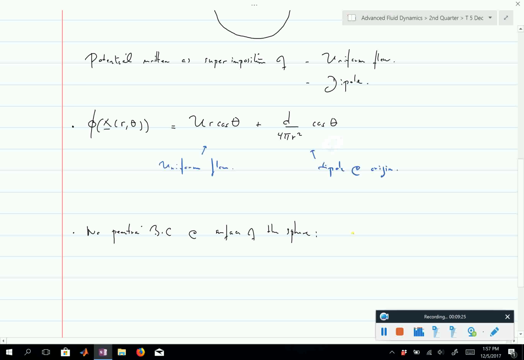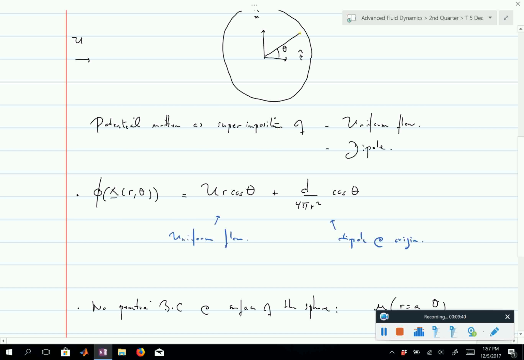That is to say, at the surface of the sphere, I forgot to give a name to the radius of the sphere, so I'll call it a. This is our sphere, the radius is a.